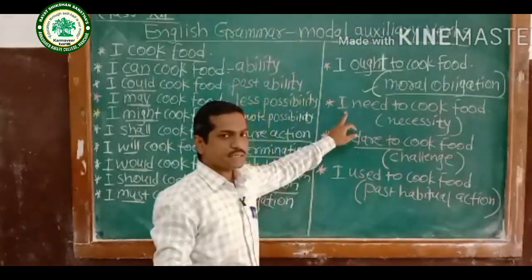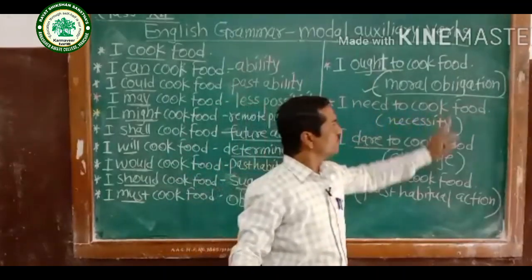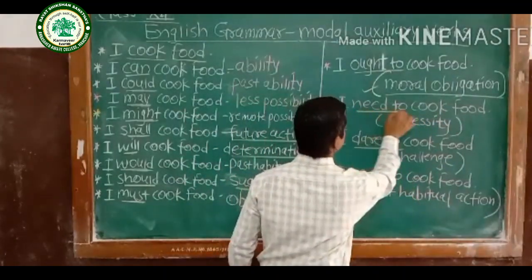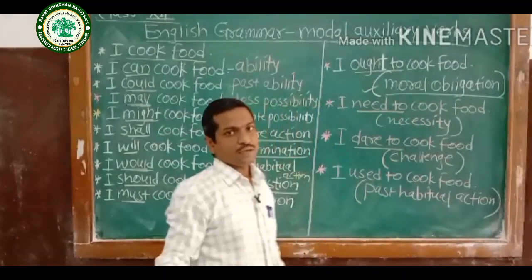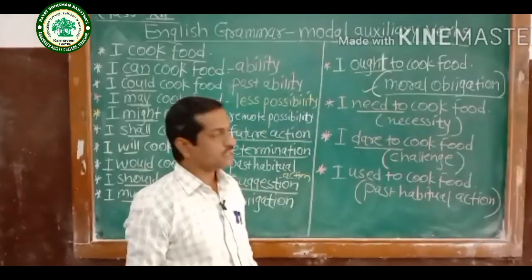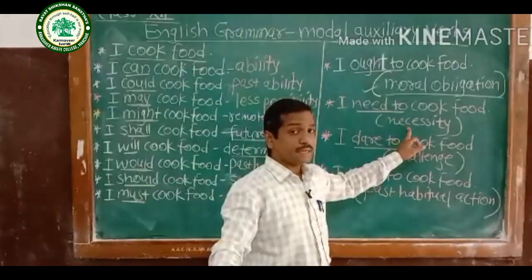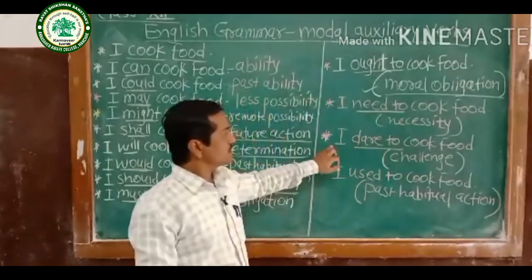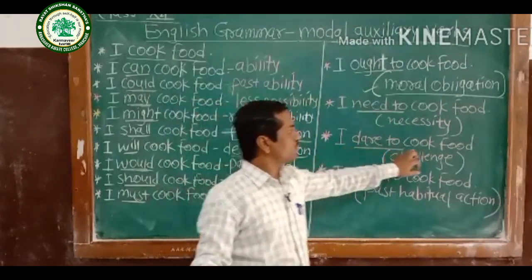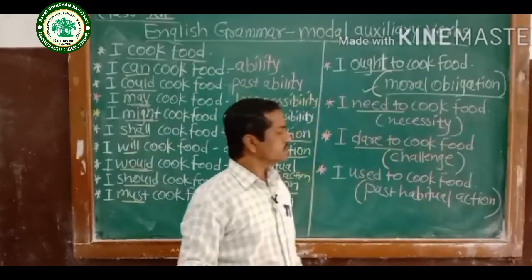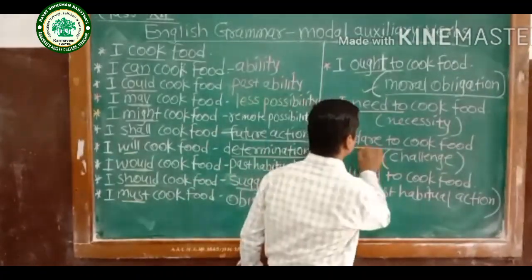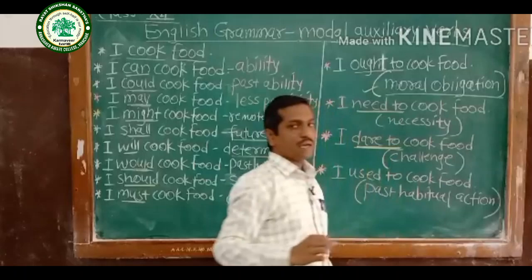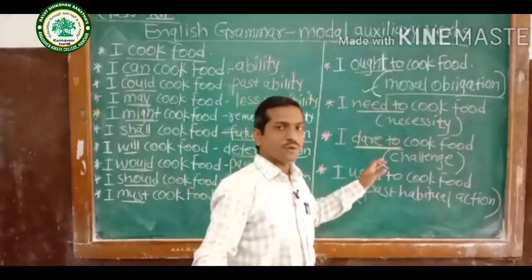Now the next sentence is I need to cook food. Here need to expresses necessity. It is necessary for me to cook food. Now the next sentence, I dare to cook food. In this sentence dare to is used, and it is a modal auxiliary verb.